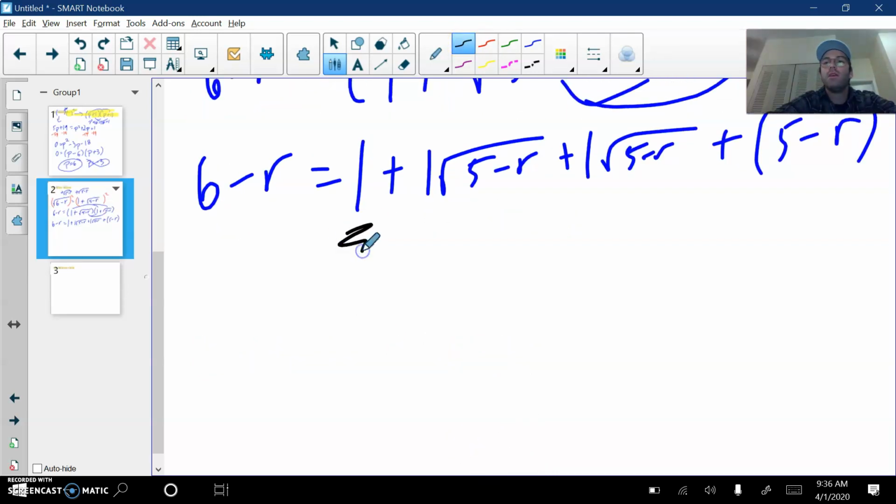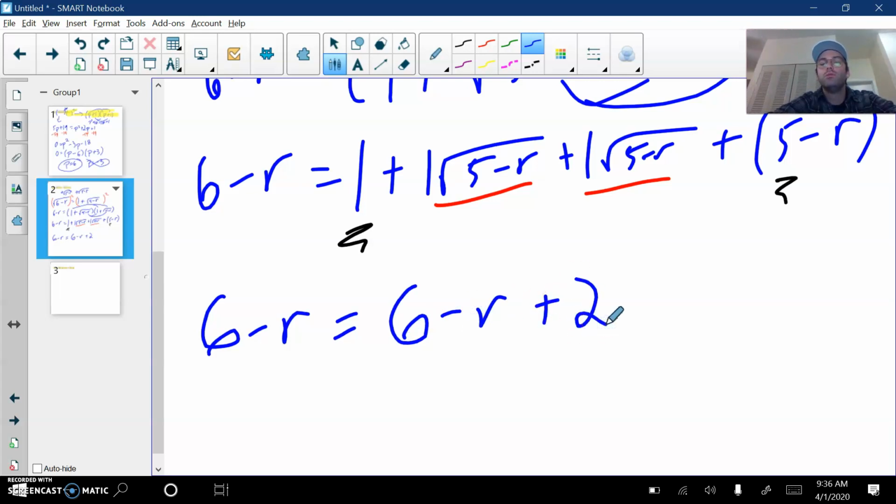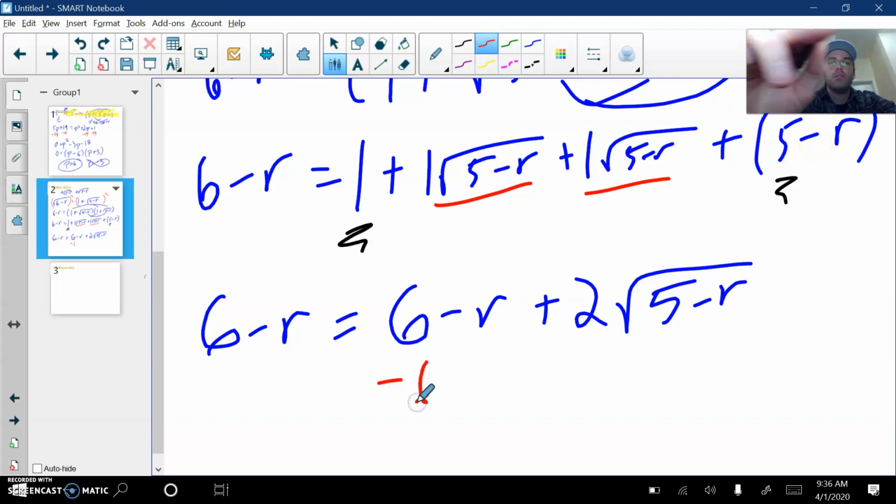I have a 1 and I have a 5. So the 6 minus r stays, and I get 6 minus r plus 2 root 5 minus r. Now these are the same, right? So these will cancel each other out, and that's okay.